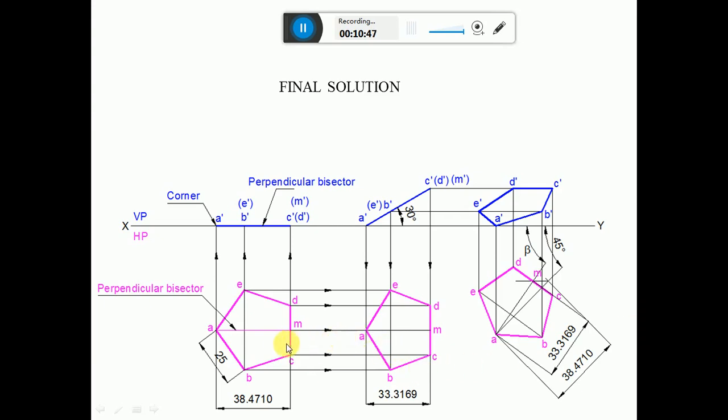Then since this is the true inclination line, we have to get the true length. The true length of the perpendicular bisector is A dash M dash here, which is parallel to HP, so you are getting the true length here.